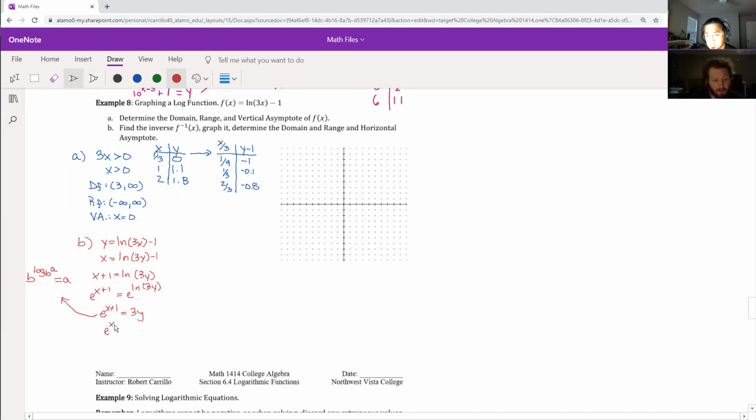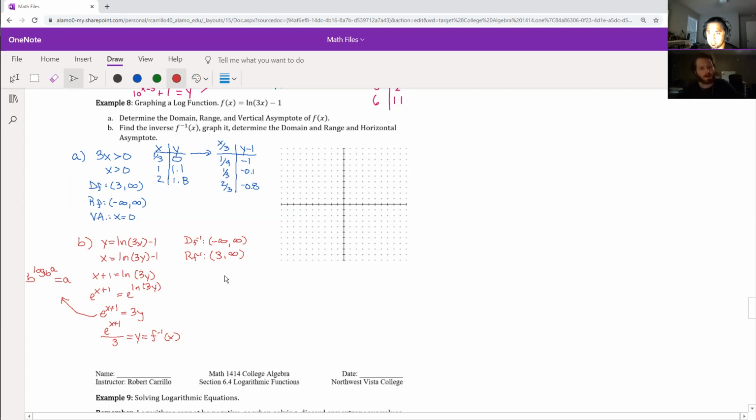So we get e^(x+1) divided by 3 is equal to y, and this is our f inverse of x. Our domain and range, we can just flip them over from the top. So we'll get negative infinity to infinity, and the range of f inverse is 3 to infinity, right?